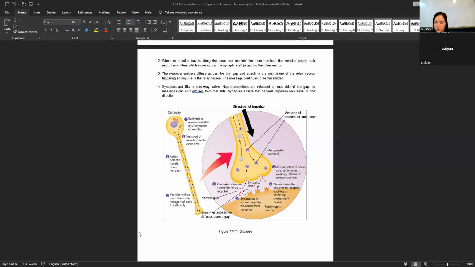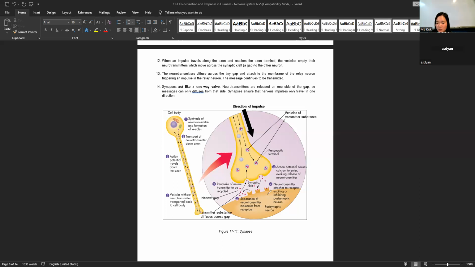Just in case you do not know what the synapse is, it is this small gap here. This small gap is called the synapse, or also known as the synaptic cleft, a region, a small gap between two nerve fibers.